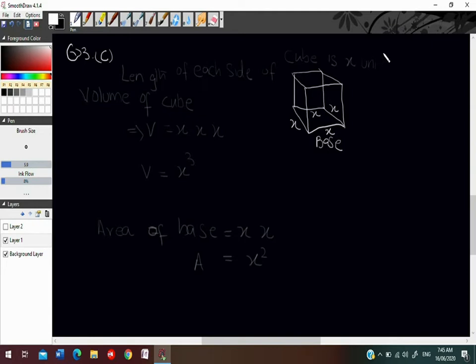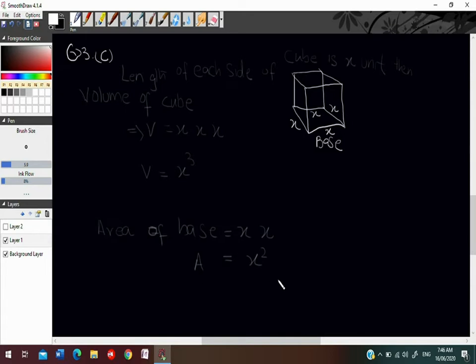Then we can say that the volume of a cube is V, which is equal to length into breadth into height. So volume becomes x cube, and area of the base is x multiplied by x, so A is equal to x square.